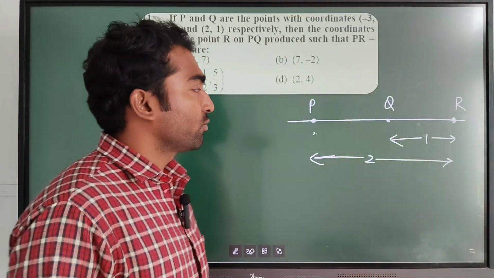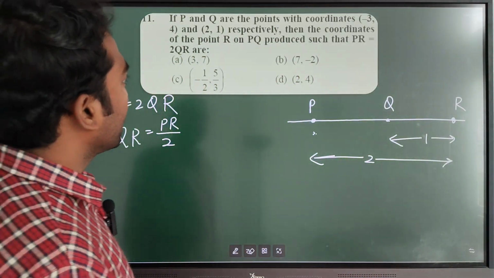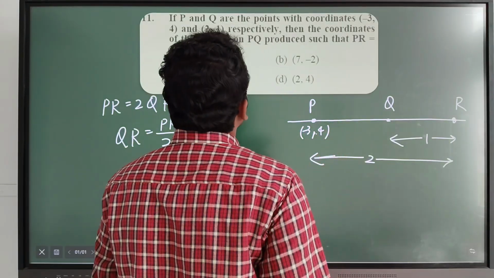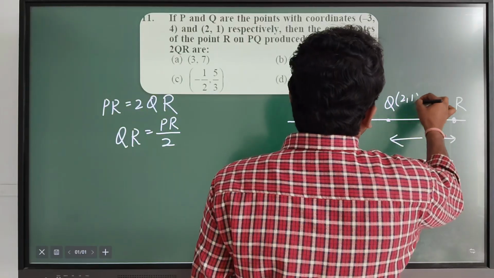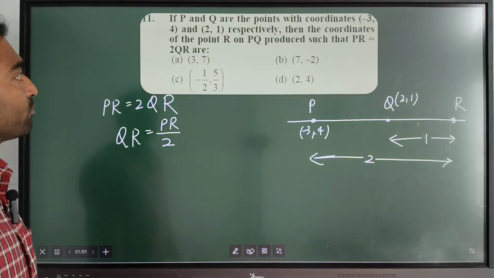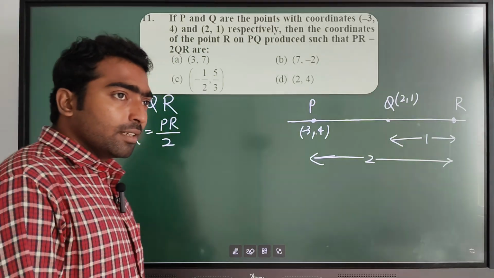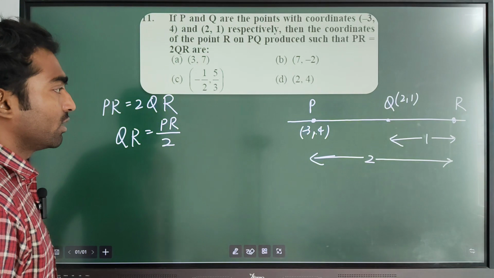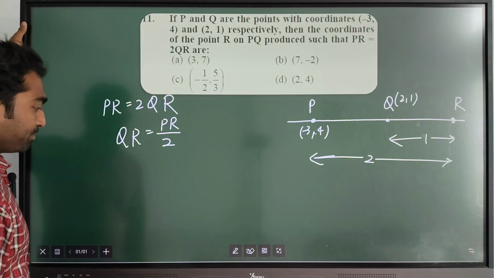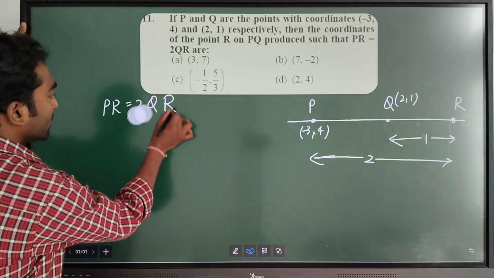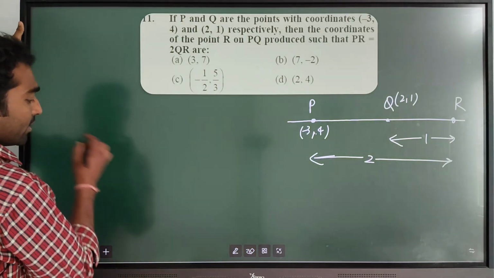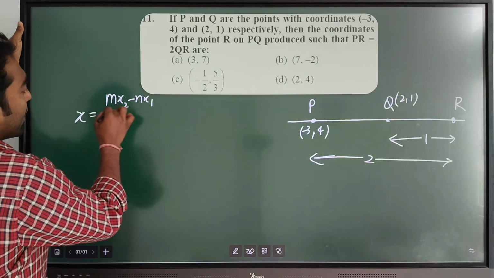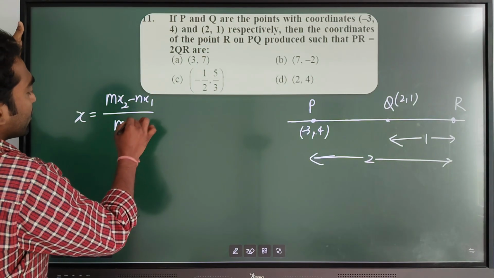Okay, the ratio is 2:1, and the coordinate of P is given as minus 3 comma 4, and the coordinate of Q is 2 comma 1. So you have to find the coordinate of R. Here we are using the concept of section formula for the external point. What will be the formula? x is equal to (m x2 minus n x1) divided by (m minus n).